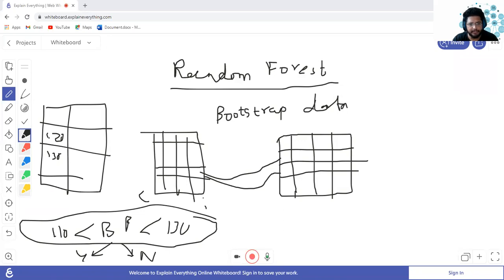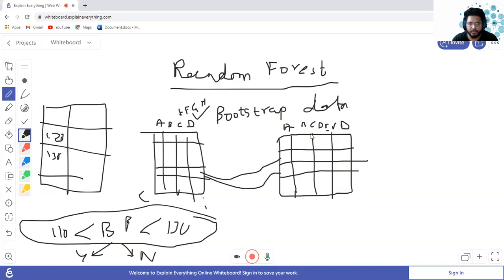I created a bootstrap data and I want to create a decision tree. Here columns A, B, C, D, E, F, G, H are all there, and D is our final target.